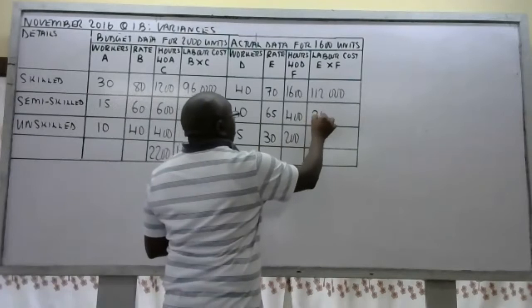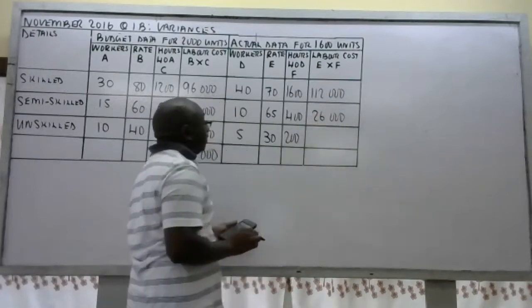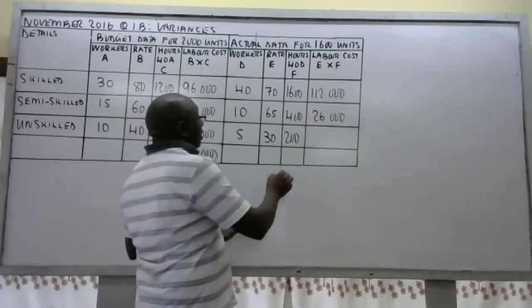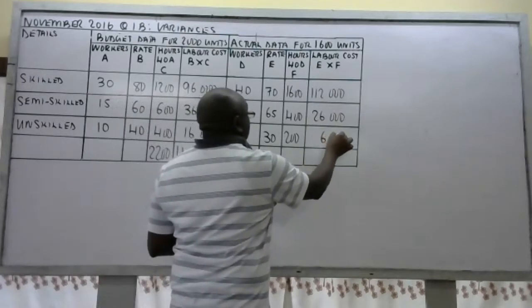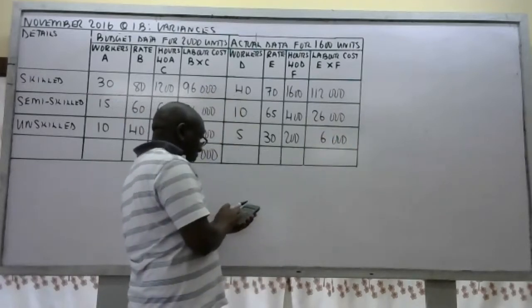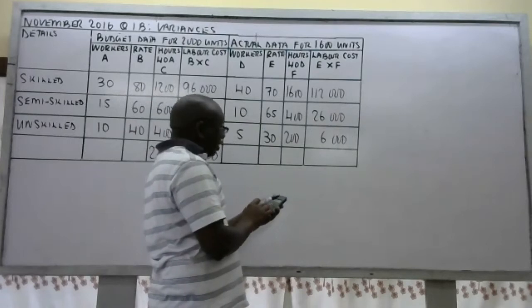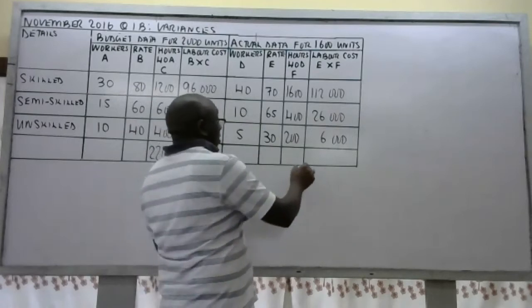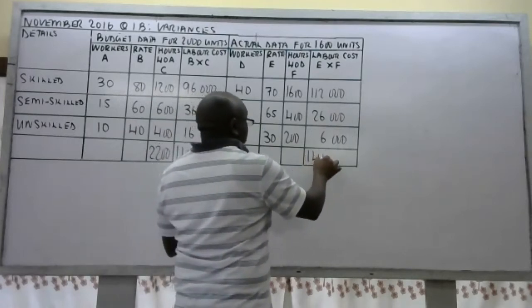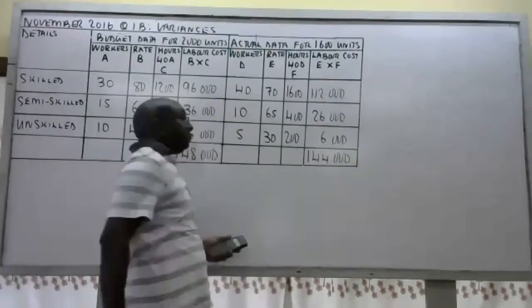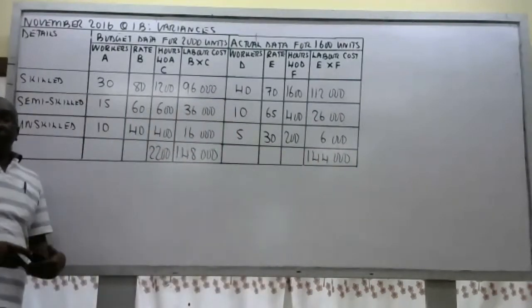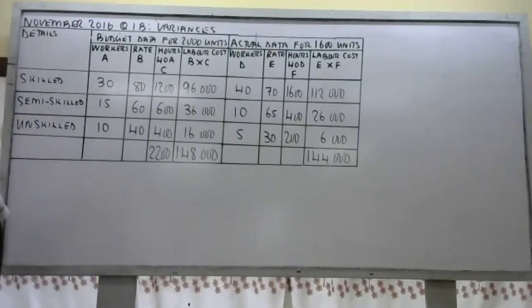It is 26,000. And this will be 6,000. So 112 plus 26 plus 6 is 144,000.